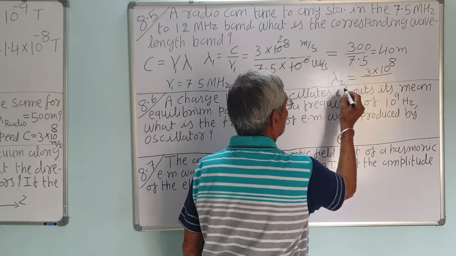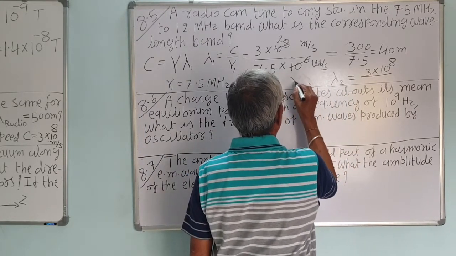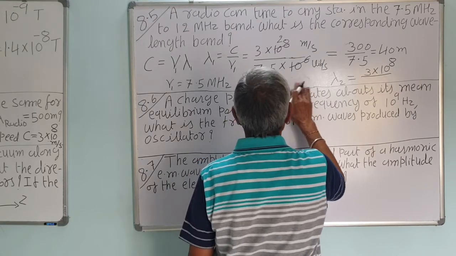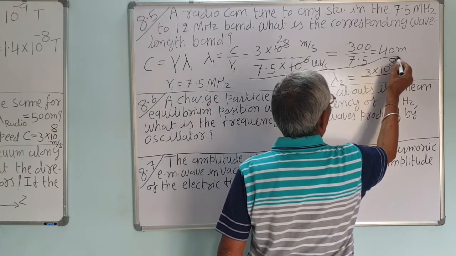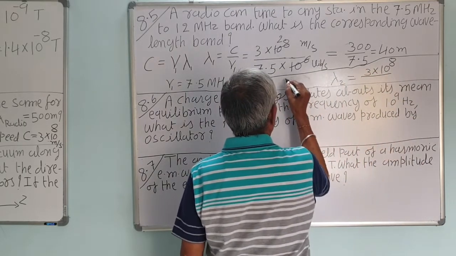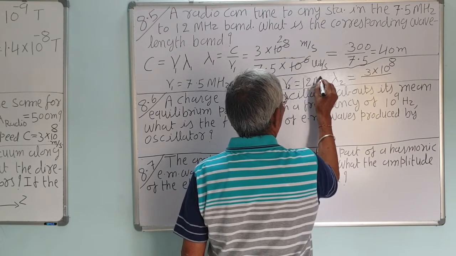Lambda 2 is c upon nu 2. What is nu 2? Nu 2 is equal to 12 megahertz.